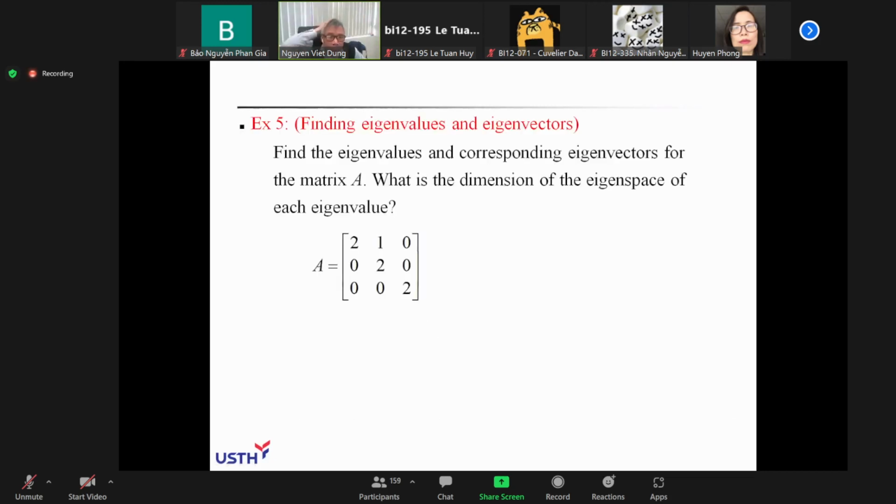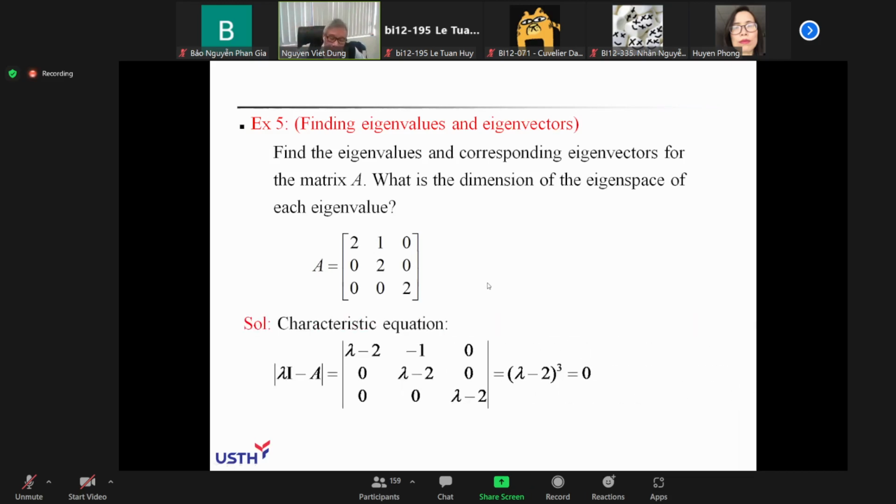Now, again, if we are required to find the eigenvalues and eigenvectors for the matrix A like that, in the next few slides you will see that it is very easy to find the eigenvalue for something like this. But first, the characteristic equation will be like that, and that equation has only one solution, that is lambda equal 2.